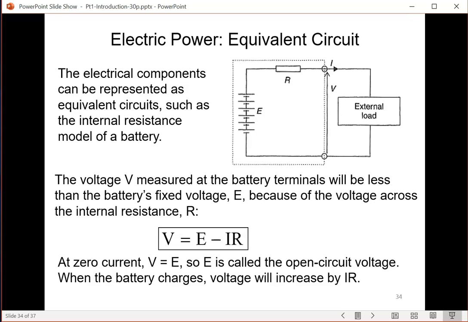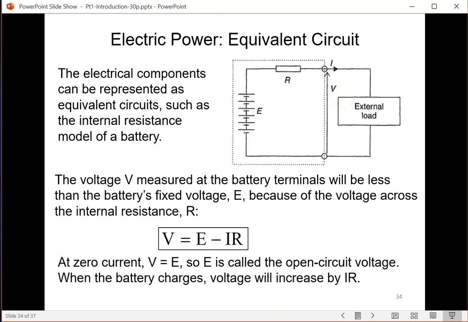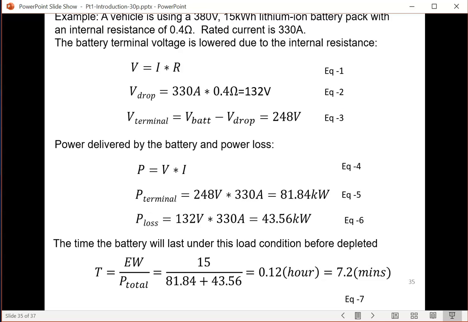These are just fairly basic formulas, and I'm going to use this example to explain a bit more. For example, a vehicle is using a 380 volt, 15 kilowatt hour battery, that's the energy stored, a lithium-ion battery pack with internal resistance 0.4.